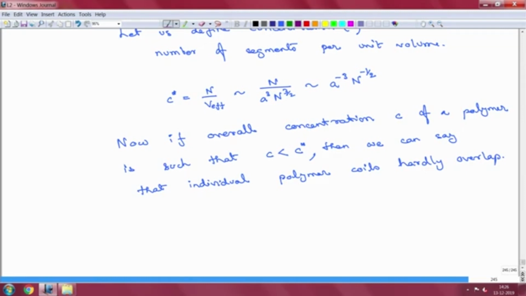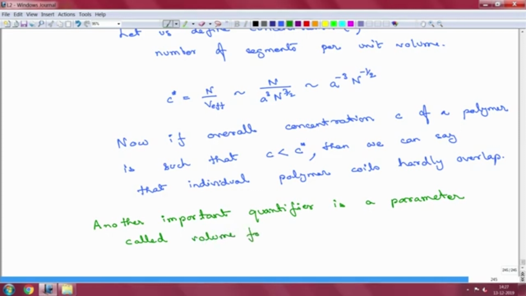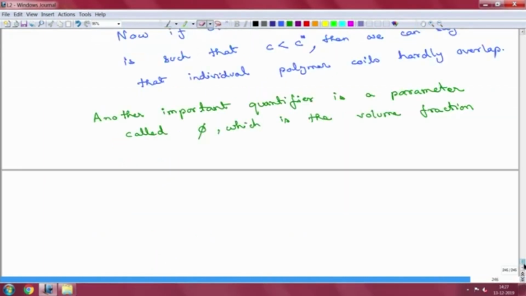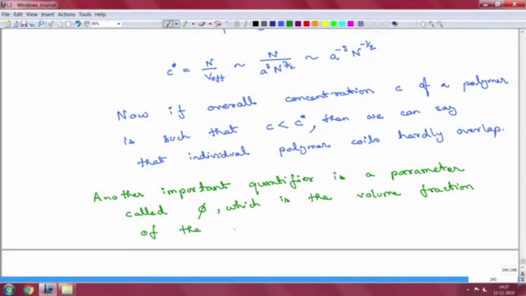Phi we will define as the volume fraction of the polymer in the solution.